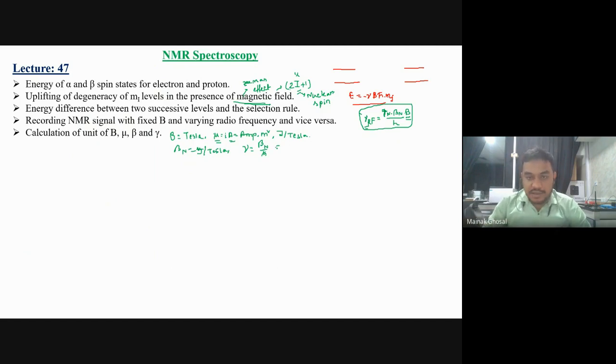the unit of gamma will be the unit of beta by h cross. So you can write it as beta n by h into 2 pi.